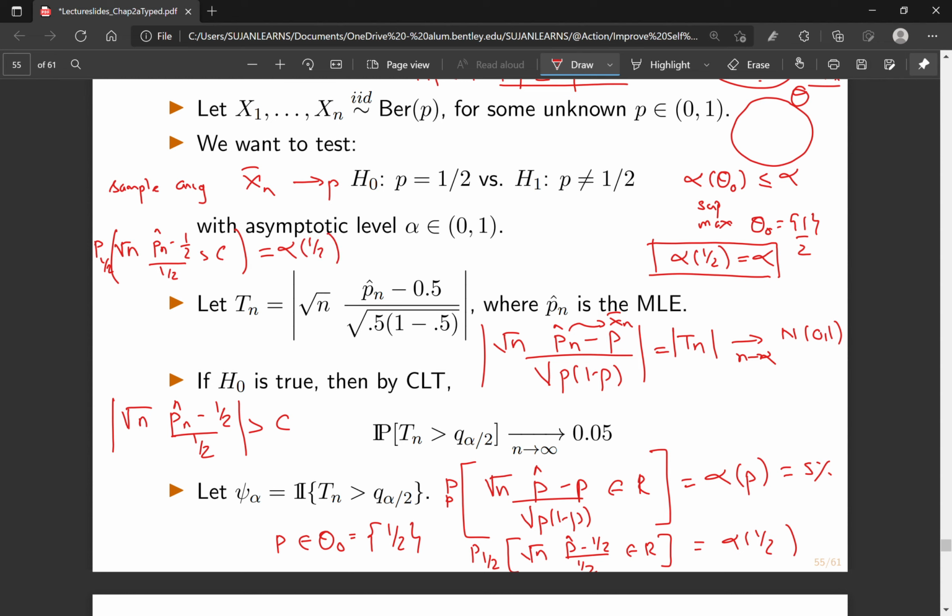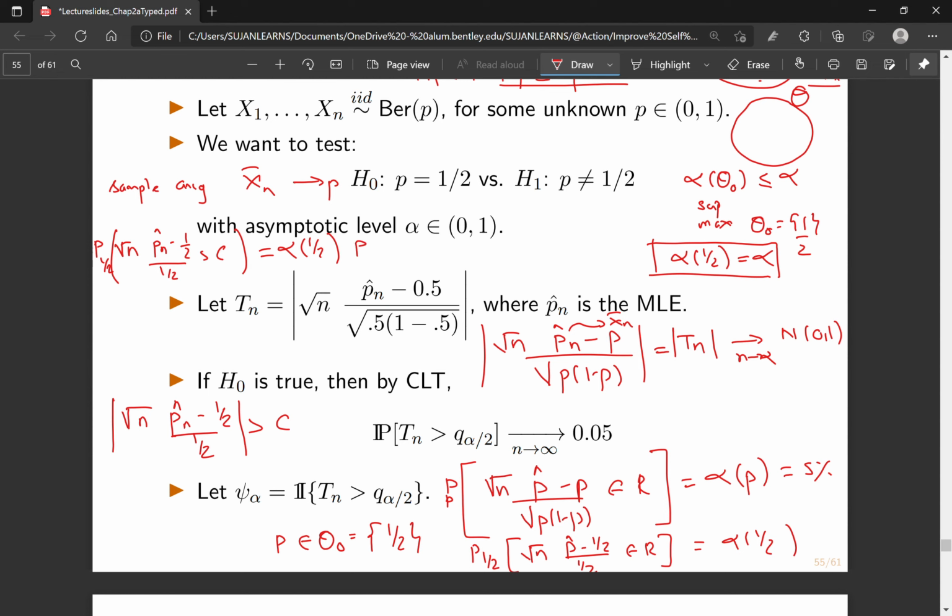We still want that to be alpha, but we can say that only at the asymptotic level. We cannot do that at the normal level, but we can only say this at the asymptotic level.